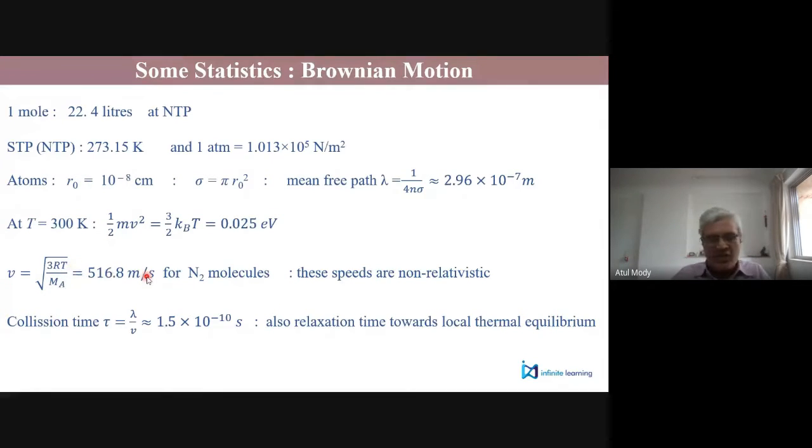That's the RMS speed of nitrogen molecules at room temperature. 300 Kelvin is 27 degrees Celsius. It must be the temperature today, somewhere around 26, 27 degrees.